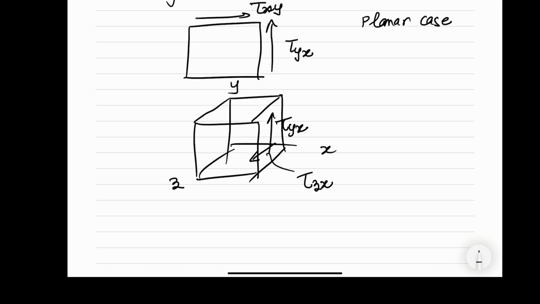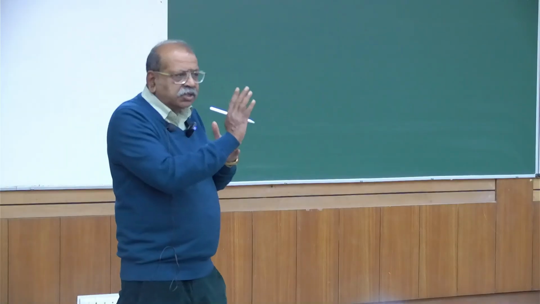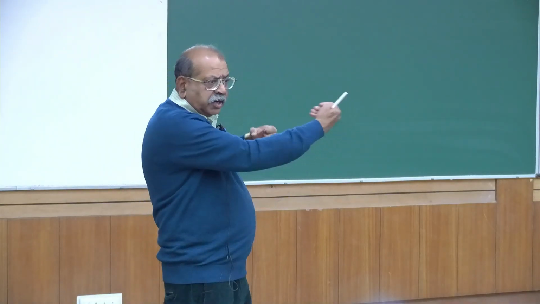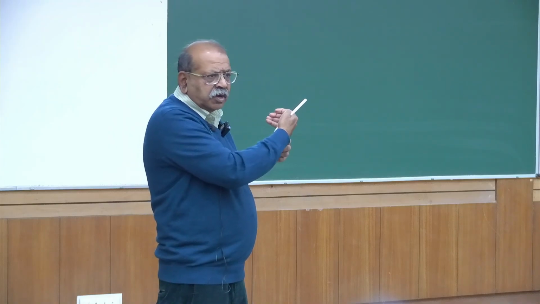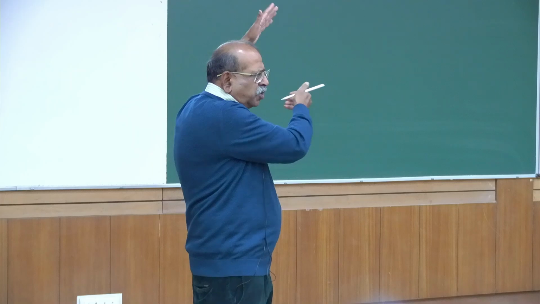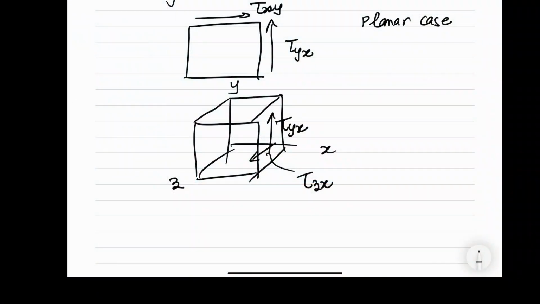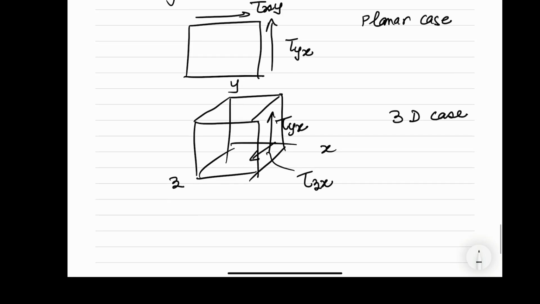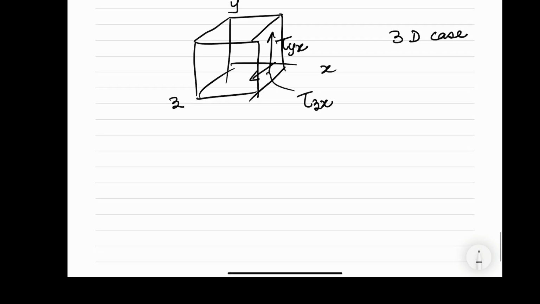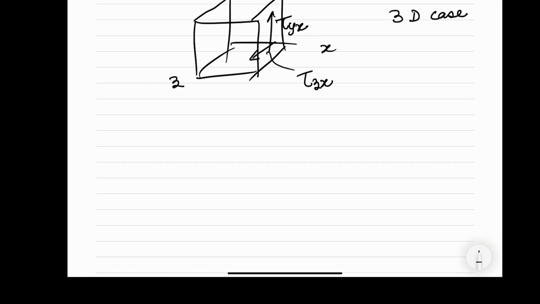I'm just showing representative. In a 3D loading, if there are only shear stresses, then it will be tau yx and tau zx. Okay? I'm not showing the other elements because that will cause more confusion. You can have a look at the figure in the book. So this is for a 3D case. Now, let's look at a planar case.